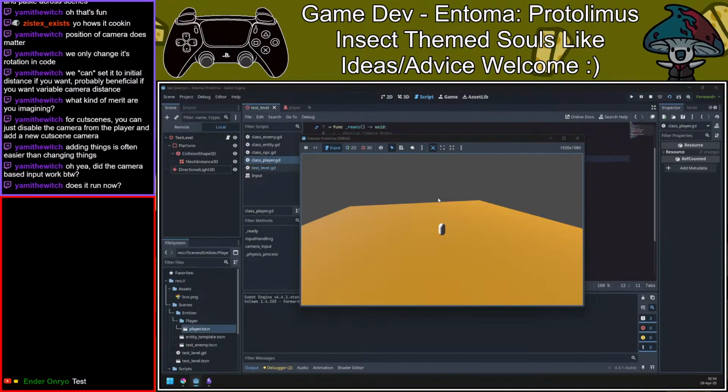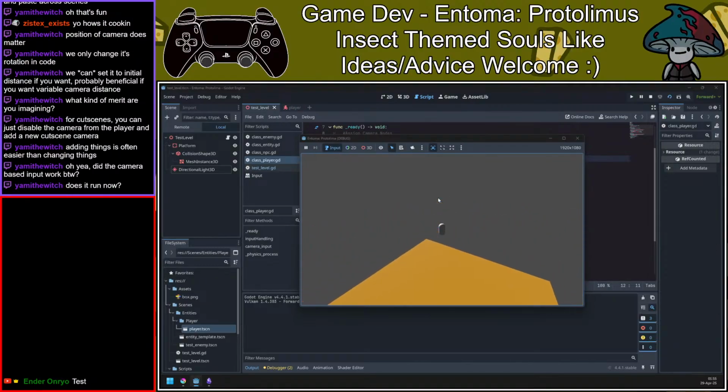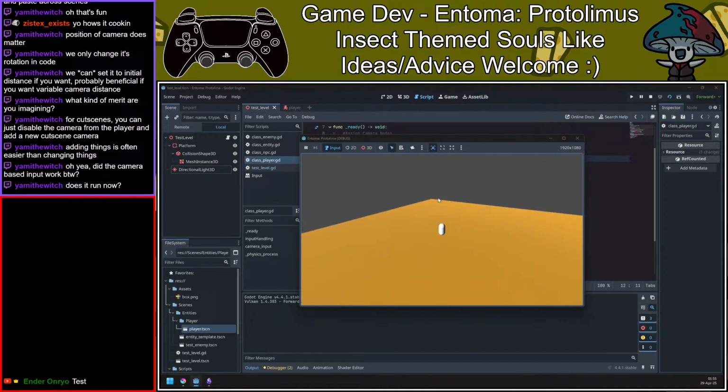Okay, so moving forward and backward does nothing. Moving left and right is still aligned to the world plane. I'm also moving a lot slower than I was earlier.